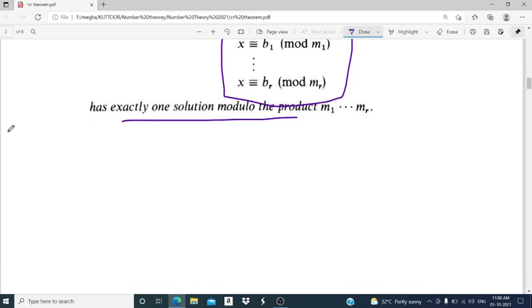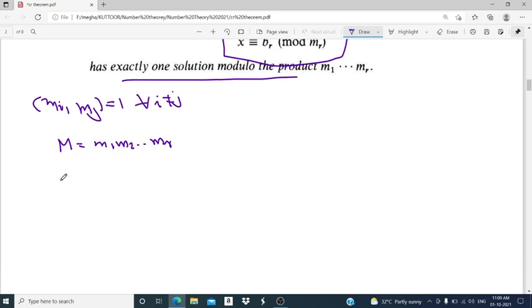So, given that GCD of mi and mj is 1 for all i not equal to j, they are relatively prime, and put capital M equal to the product m1, m2, etc., mr, and capital Mi equal to capital M divided by small mi.